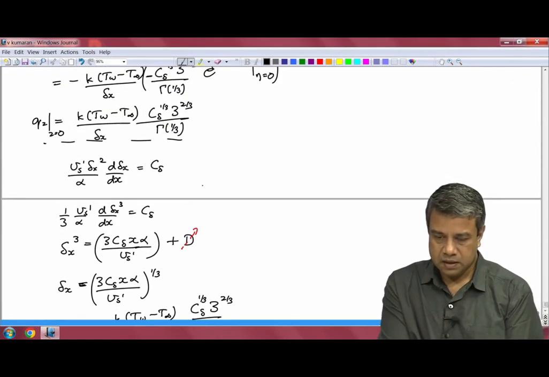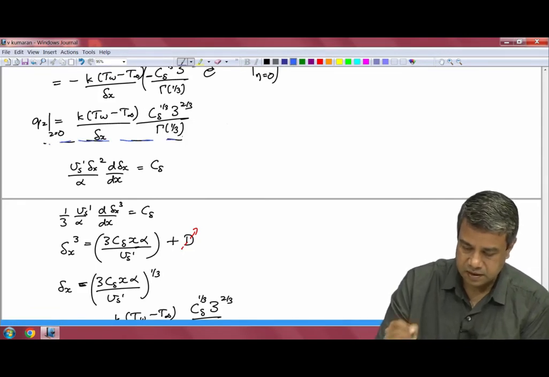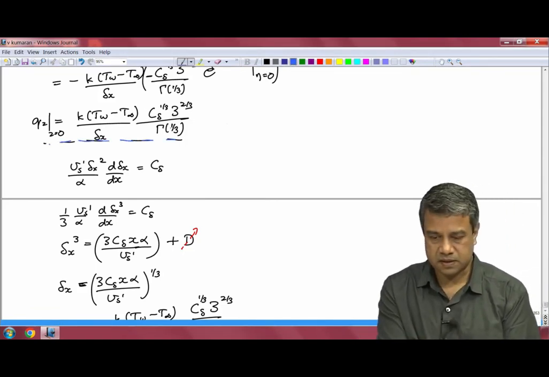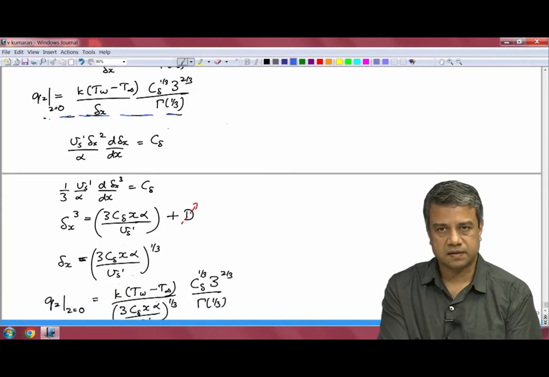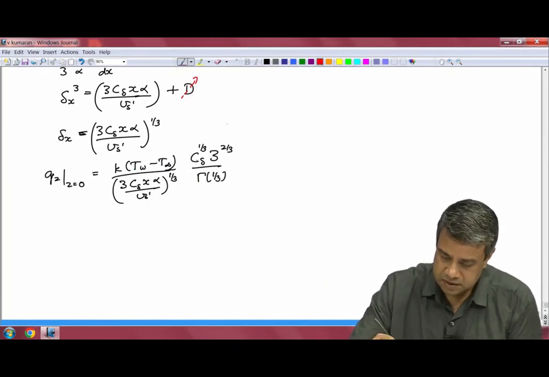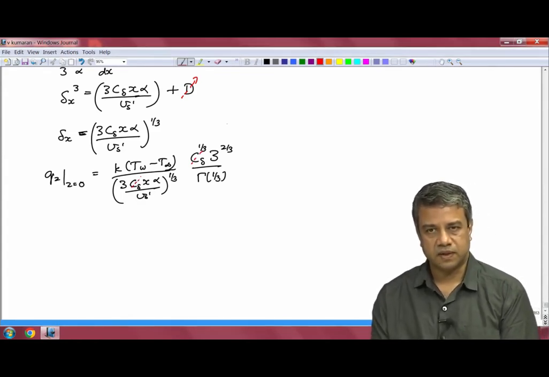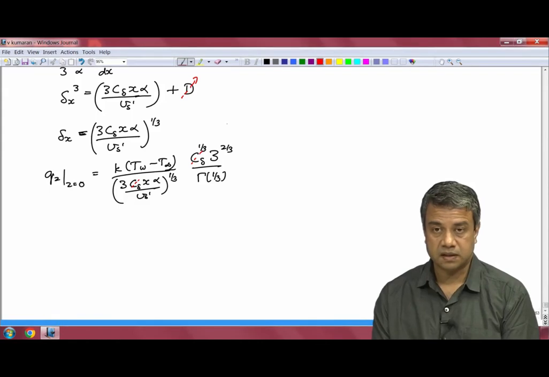That was the expression that we had. I just substituted the value of delta in this expression to get the expression for the flux at the surface. And you can see that C delta cancels out over here and over here, and therefore you get something that is independent of C delta.